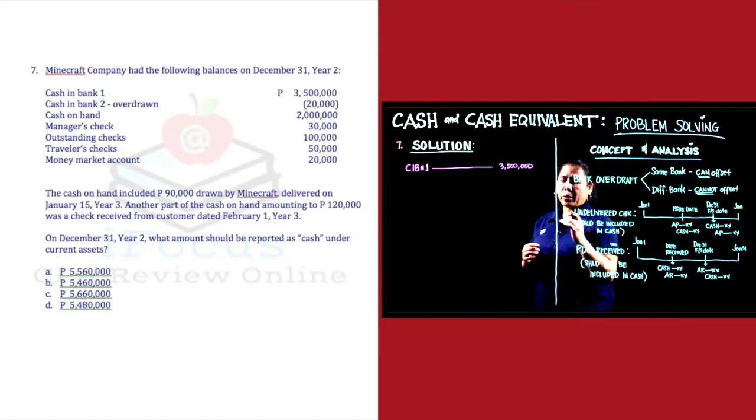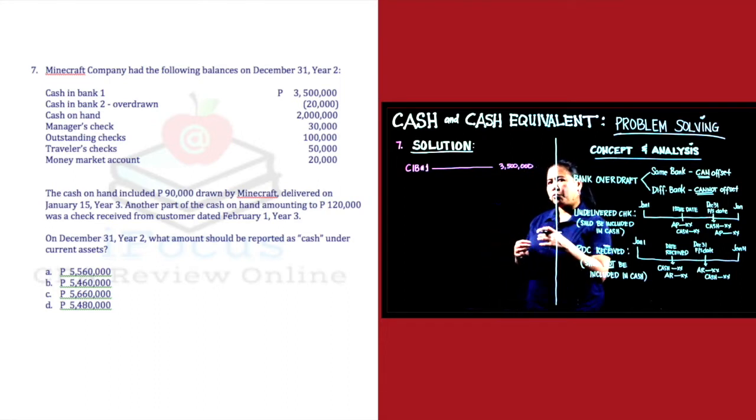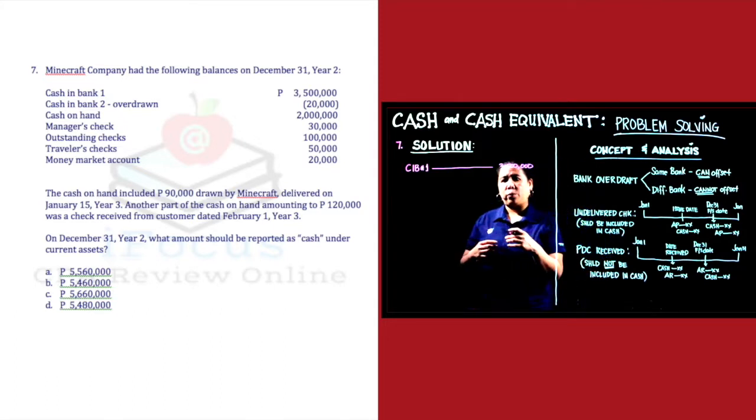Kapag immaterial, pwede mo siyang i-deduct. But, kailangan i-mention doon sa problem that the amount is immaterial. Otherwise, we assume it's material, hindi natin siya pwedeng i-deduct. Okay? So, sa cash in bank number 2, na overdraft 20,000, that should be classified as current liability.